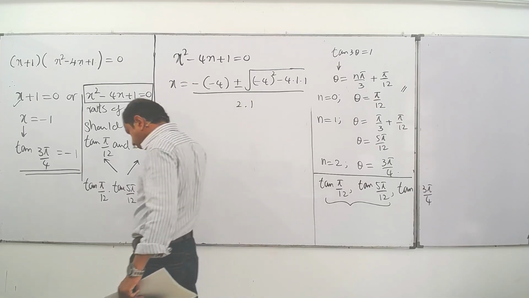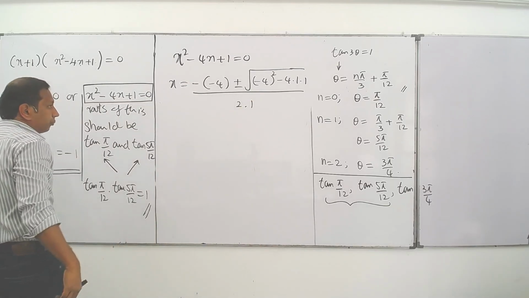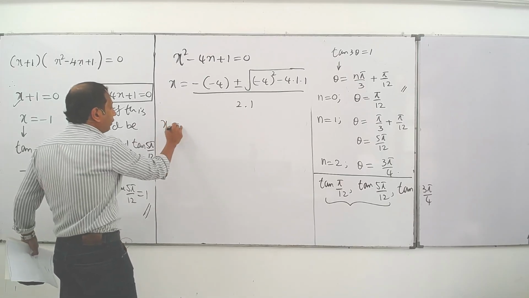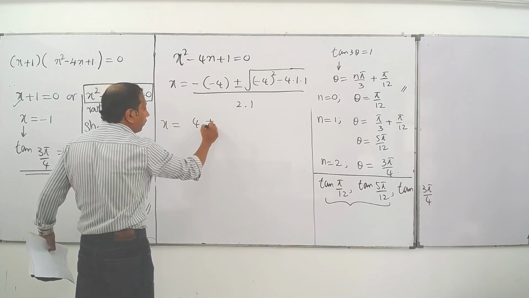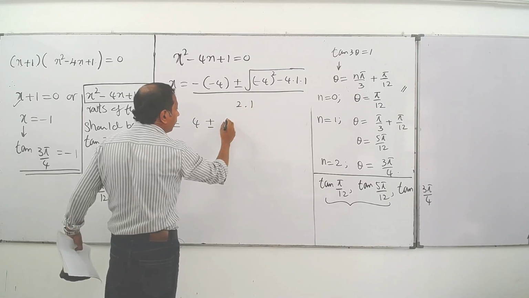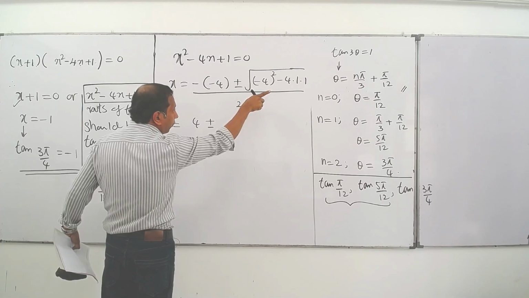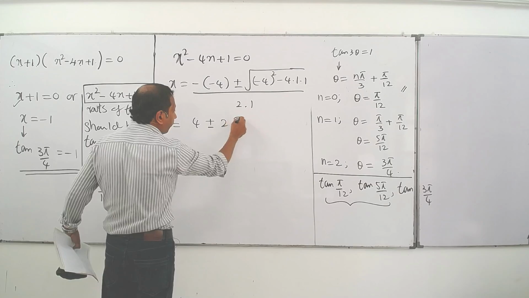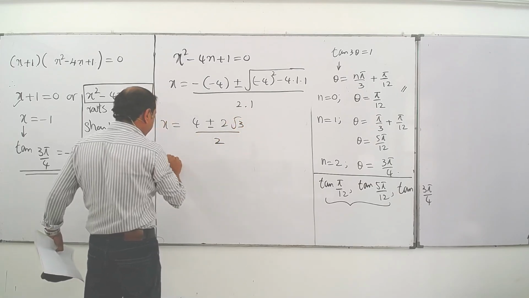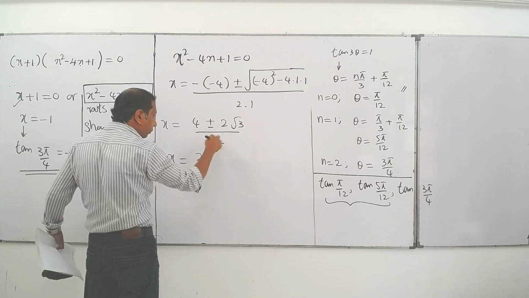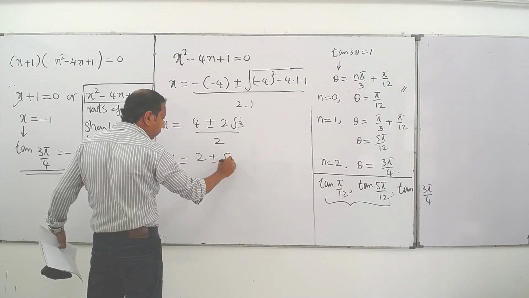Right? Then here we get x equals 4 plus or minus square root of 16 minus 4, which is 12. 4 into 3, 2 root 3, no? By 2. Dividing by 2, 2 plus or minus root 3.